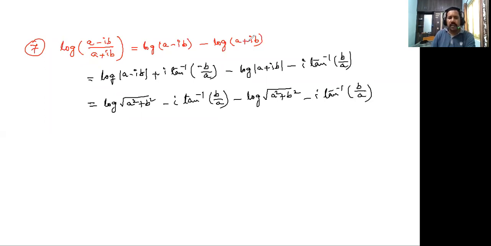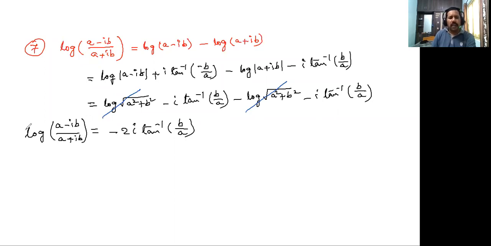Here observe that some terms are going to cancel. Yes, log under root a square plus b square minus log under root a square plus b square cancel. What are the remaining terms? That is minus 2i into tan inverse b by a. This is logarithm of (a minus ib) by (a plus ib).